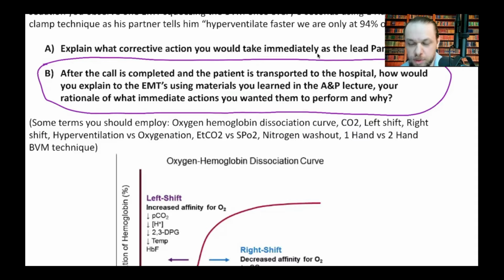And we were talking about this, right? If you squeeze too fast, you will left shift the oxyhemoglobin dissociation curve. And what that's going to do is switch it into the relaxed state where the hemoglobin wants to hold onto the oxygen more tightly. So what you want to tell them is, if you squeeze the bag quickly, the hemoglobin is going to keep oxygen loaded.